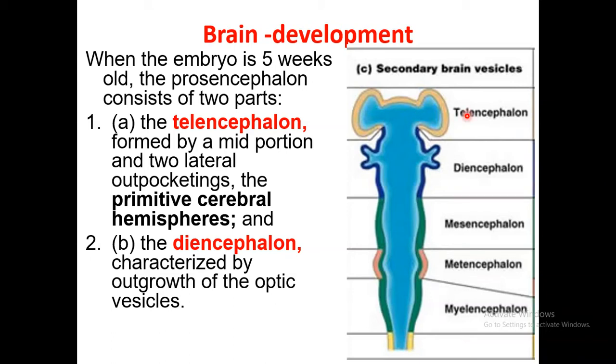So the telencephalon gives rise to the cerebral hemispheres, while the diencephalon is characterized by the outgrowth of the optic vesicle. The optic vesicle will initiate the formation of the eye.